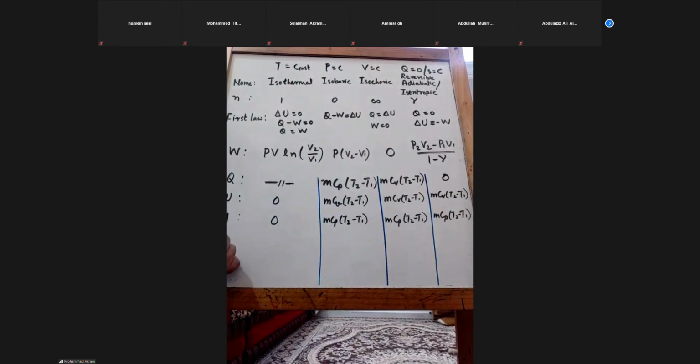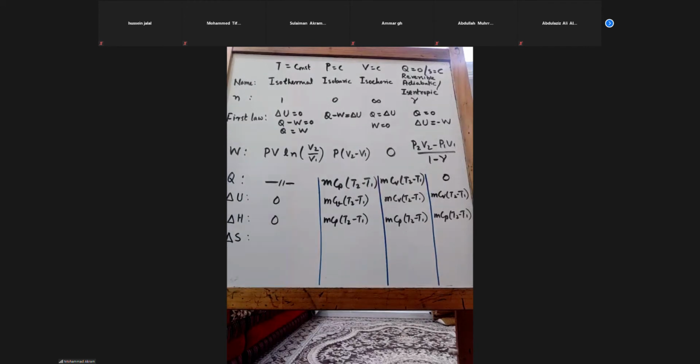You want to calculate the change in entropy. The first one is 0.